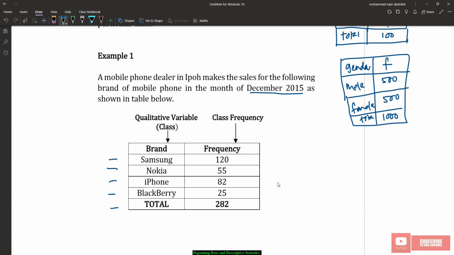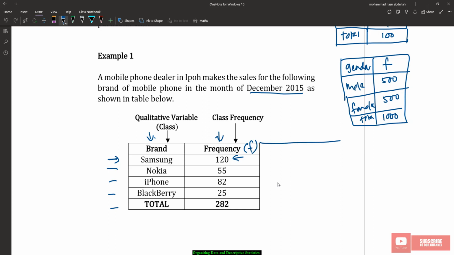This is your class column, this is your frequency column. Each row consists of the category for mobile phone brand, Nokia, iPhone, BlackBerry, and this one consists of the frequency. The symbol for frequency is small letter f.